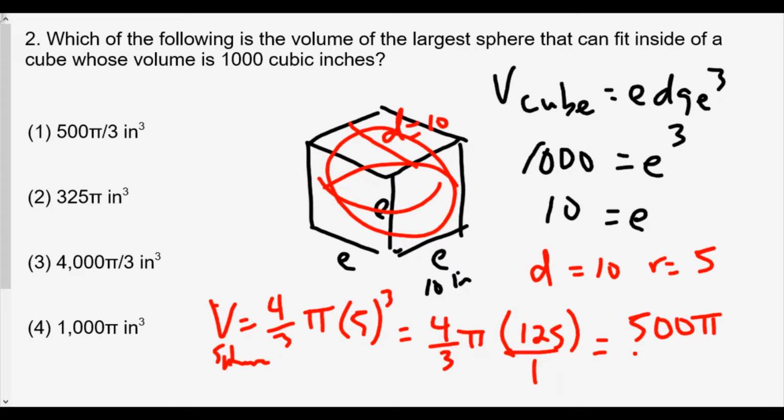So you have 500 pi over 3 inches cubed as our volume. And that's going to be, in this case, choice 1. So again, the key thing was to find the biggest radius that we can use for our volume, and that was, for the most part, the diameter being the same measurement as the edge of the box.